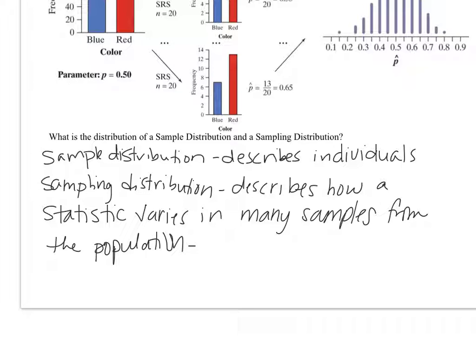So like in the example above, those are not individual people. All the dots are individual p hats. So they're all from the sample. So we're looking at a bunch of p hats versus a bunch of individuals.